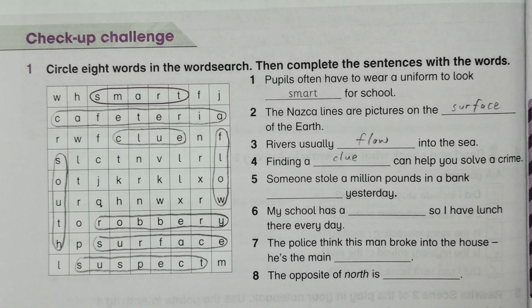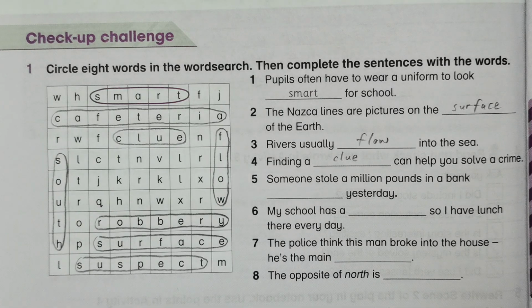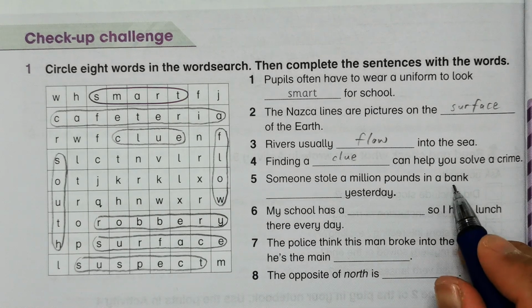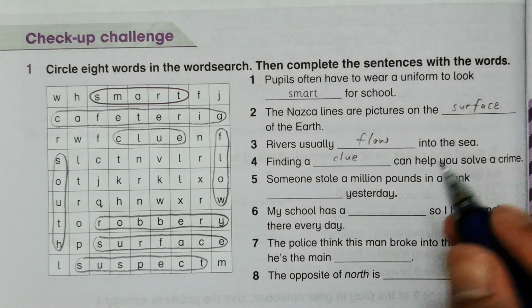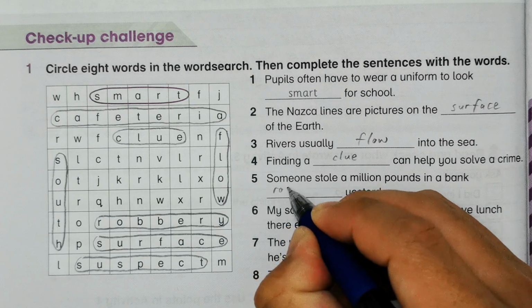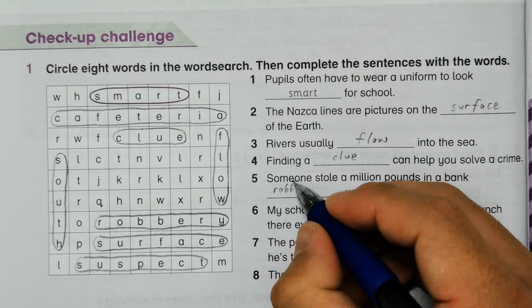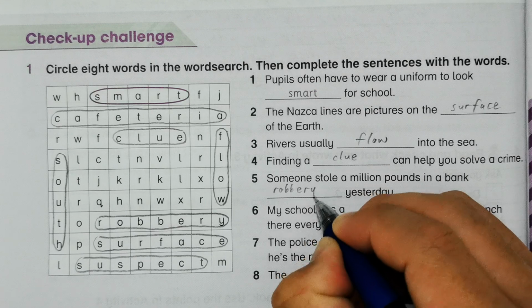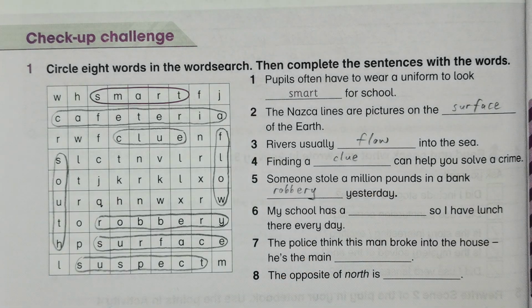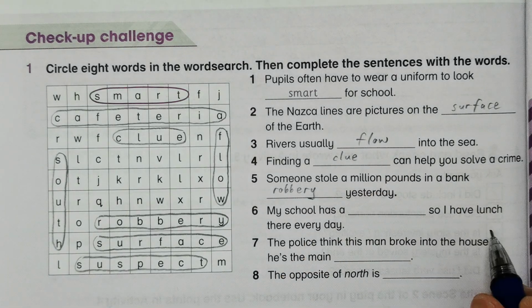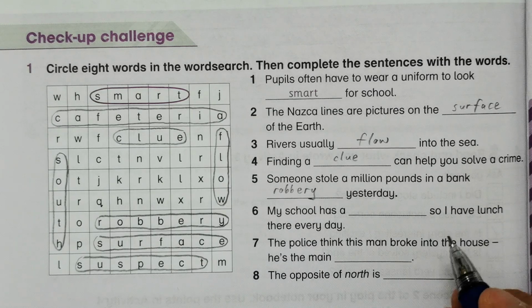And number 5, someone stole £1 million in a bank yesterday. So it's a bank robbery. And number 6, my school has a cafeteria, so I have lunch there every day. So we have this cafeteria.